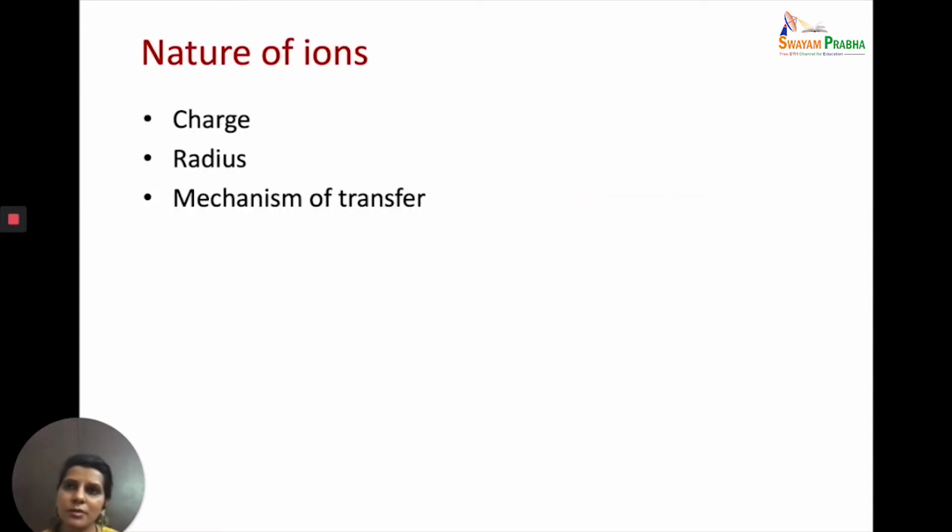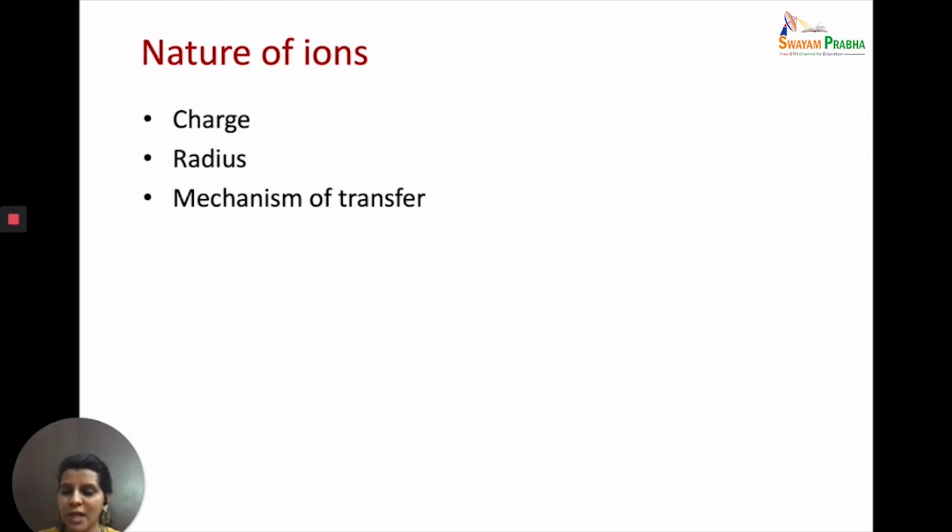Now, the molar conductivity values of any electrolyte and its ions depend on the charge on the ions, their radius, and the mechanism of transfer. So if you have a charge of +1 or +2, there's going to be a difference between the two. Because the charge will change and the radius will change, automatically the values of molar conductivity will change.